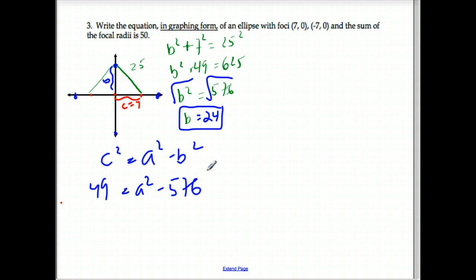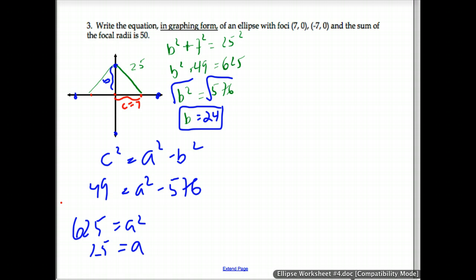And now we're actually just adding the two numbers that we subtracted before. So add 576 to both sides, you get 625 equals a squared. So 25 equals a. So now we have everything we could possibly ever need to know, at least at this point in our mathematical careers, about this ellipse.